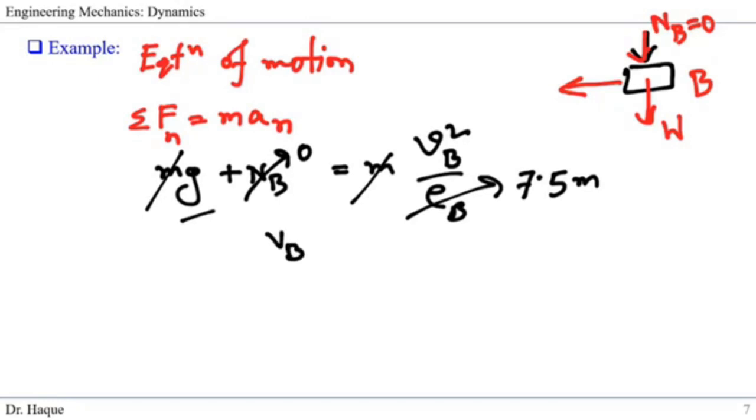If you solve for VB, you will find that it is 73.6 meter per second.